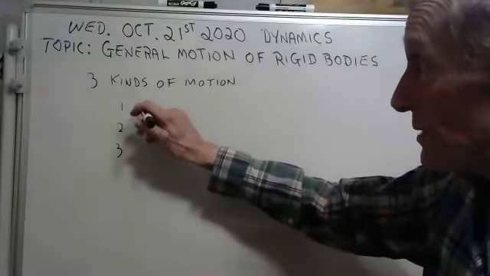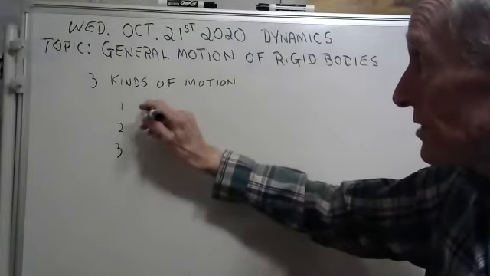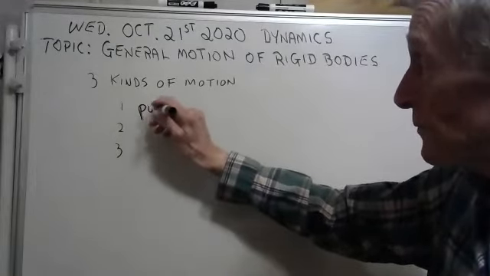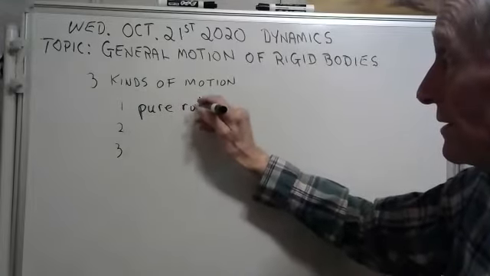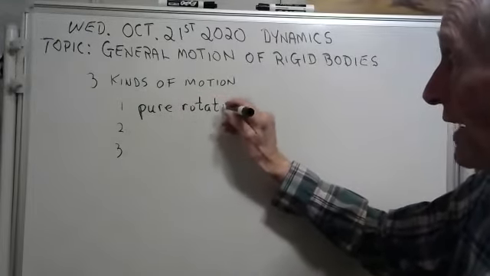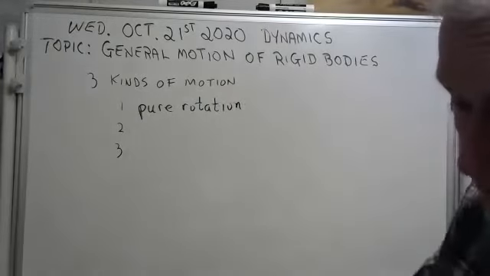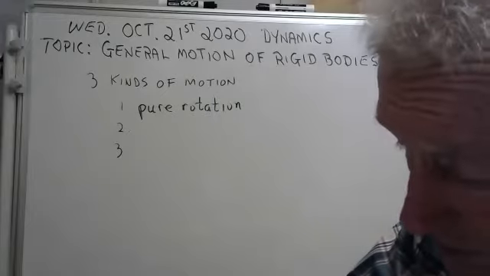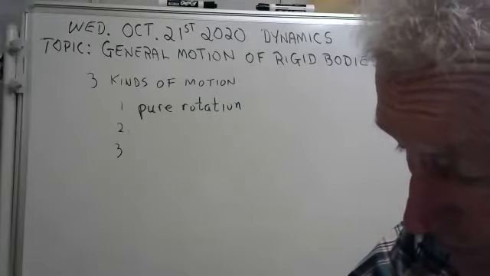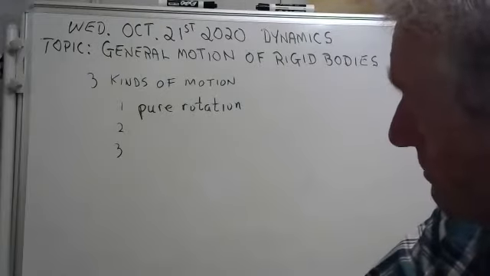There's pure rotation, and I could write the equations for you. There's, I don't know, a handful of equations, 6 or 8 or 10 or 12 equations dealing with pure rotation.